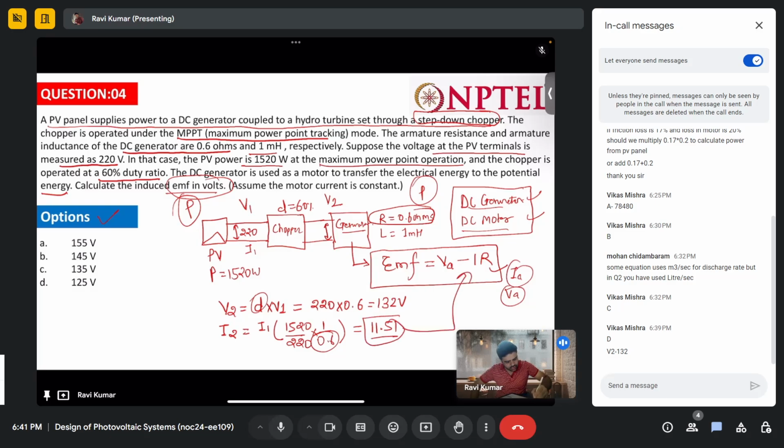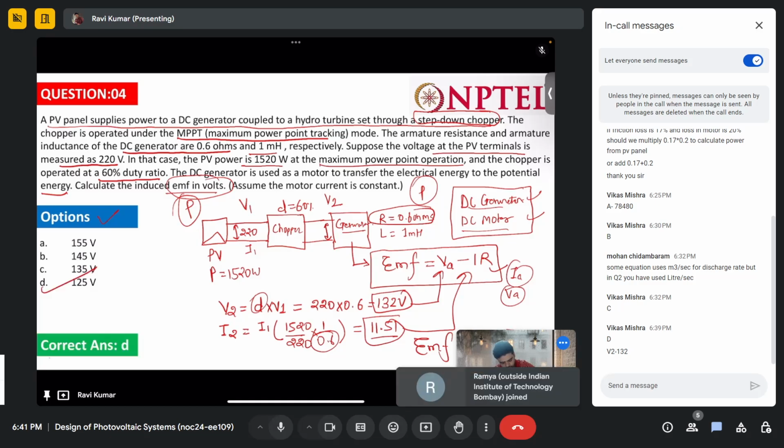If I put it here and put it here, I will get EMF as 0.6 into 11.51 minus 120. Yes, 125. Yes, Vikas, right. 125 volt. D. The correct answer here is D.